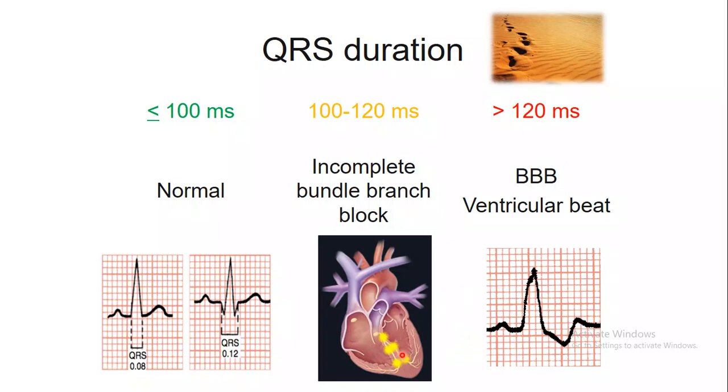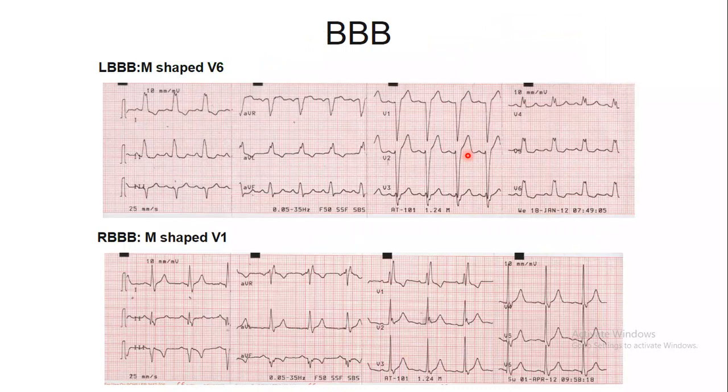When we have a disease in the bundle, the electrical impulse has to travel through the myocardium to be conducted to the other part of the heart supplied by this diseased bundle, which is like moving across sand. So it takes more and more time. So in bundle branch block, we have a QRS complex more than 120 milliseconds or 3 small squares, and regarding the morphology, we can differentiate between a disease in the right or the left bundle.